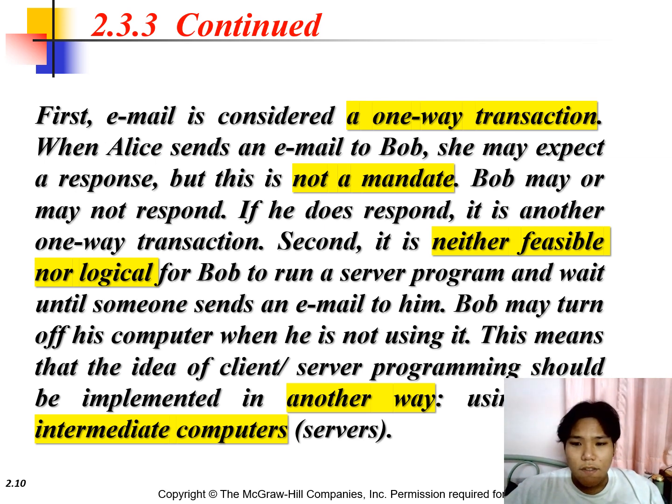Second, it is neither feasible nor logical for Bob to run a server program and wait until someone sends an email to him. Bob may turn off his computer when he is not using it. This means that the idea of client-server programming should be implemented in another way, using intermediate computers or servers.